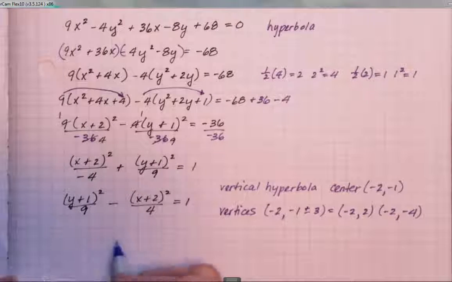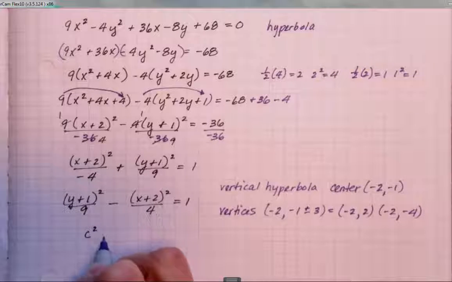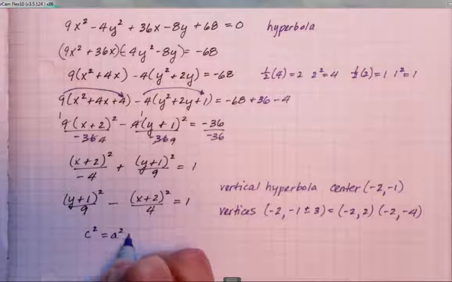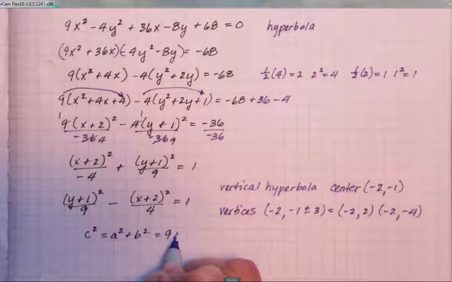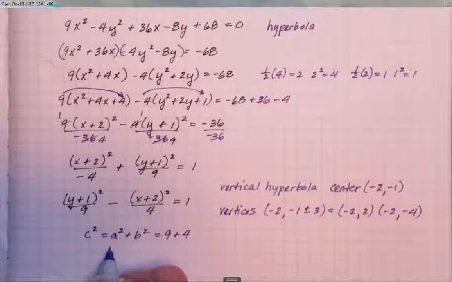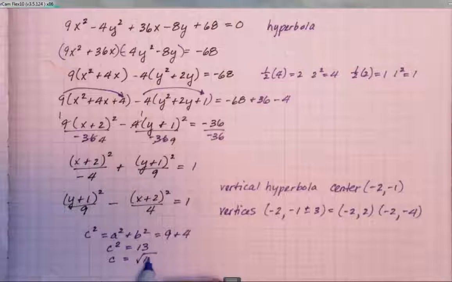Then for my foci, I need to take the equation c squared is equal to a squared plus b squared, which is 9 plus 4. So c squared is going to be equal to 13. c will be equal to the square root of 13. And don't forget the plus and minus.